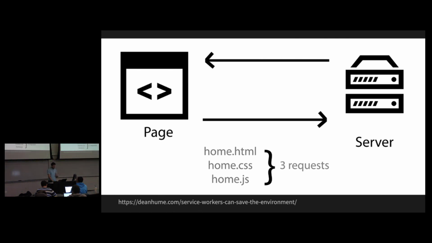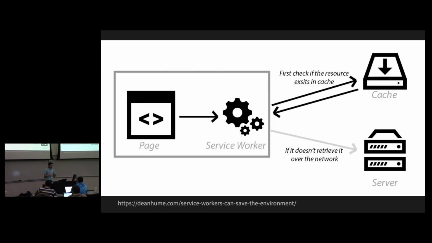Now if we implement a service worker with such an application, we would have our page, our service worker that's running independently from the main script of the page, and then we have our cache, as I explained earlier, and then our server. What happens is that the user goes there for the second time, third time, and let's say that they did not clear their cache.